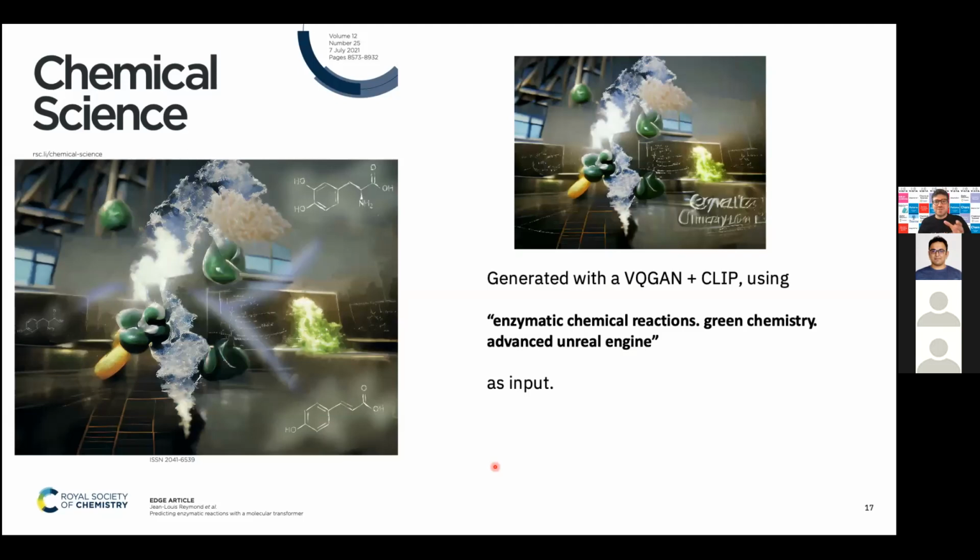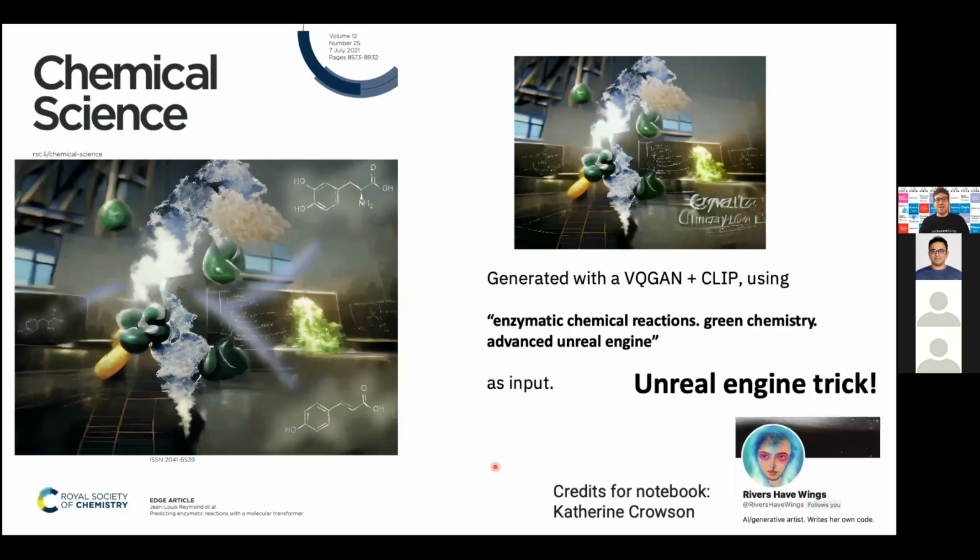And it produced this output here, and we just drew the chemical reaction on top to make it a bit nicer. But the really cool thing here is the Unreal Engine trick that recently became popular among machine learning researchers, who realized that the quality of the output of those models would dramatically increase by adding something like advanced Unreal Engine or 3D rendering or Blender or similar terms.